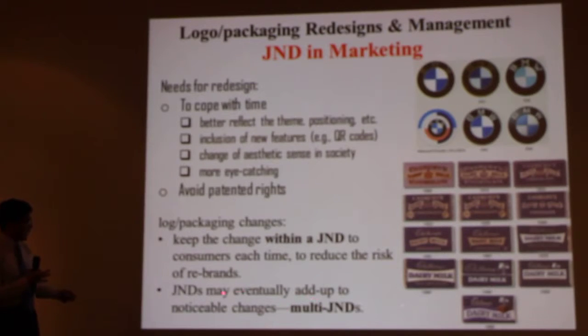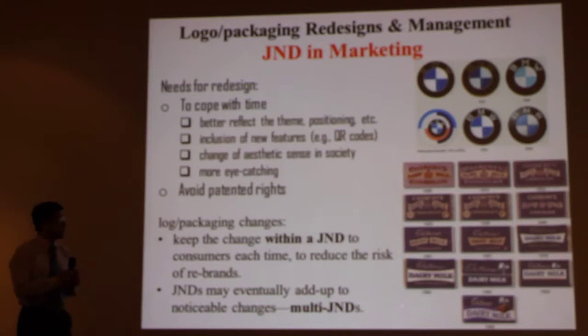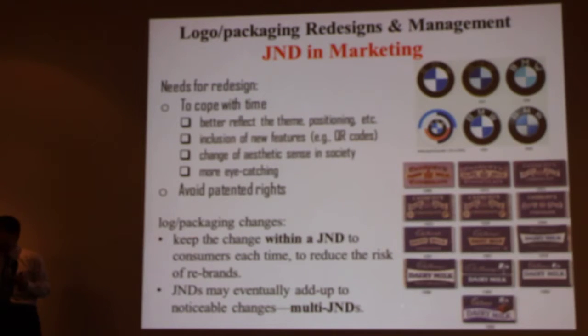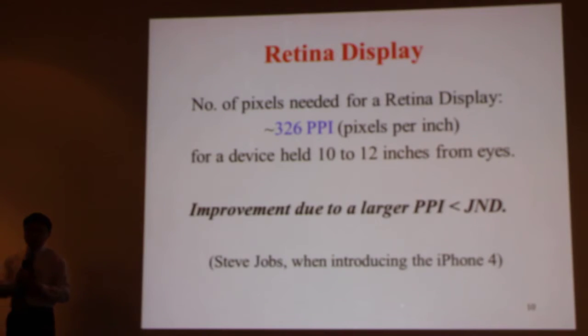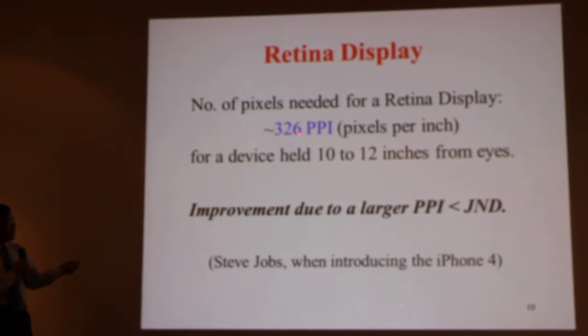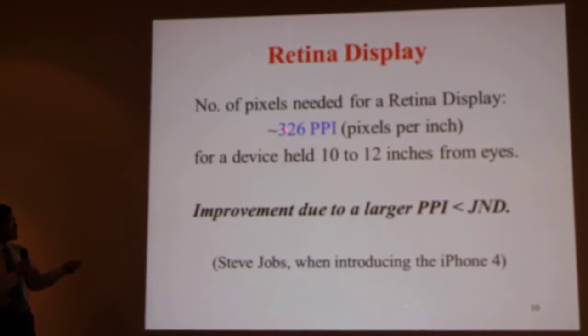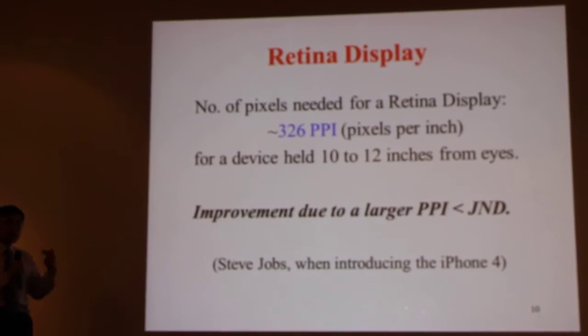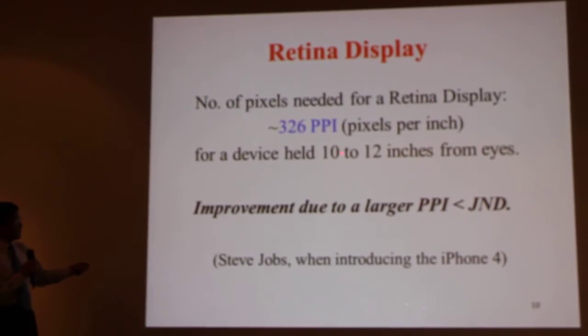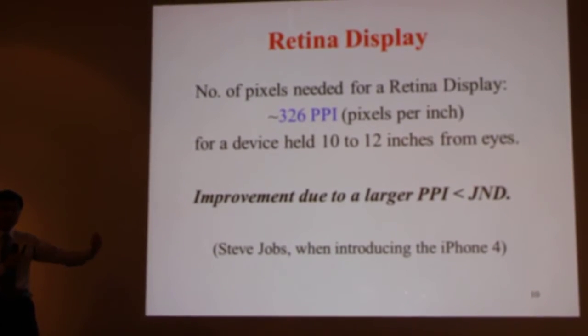So that is, if many JNDs add up together, then there may be a noticeable change. Okay, this is some JND concept in marketing, not the engineering area. Then back to the engineering area, Retina Display by iPhone, they claim, at least Steve Jobs claimed, if the resolution is above this PPI, the human eye cannot recognize any difference if the viewing distance is one arm's length.